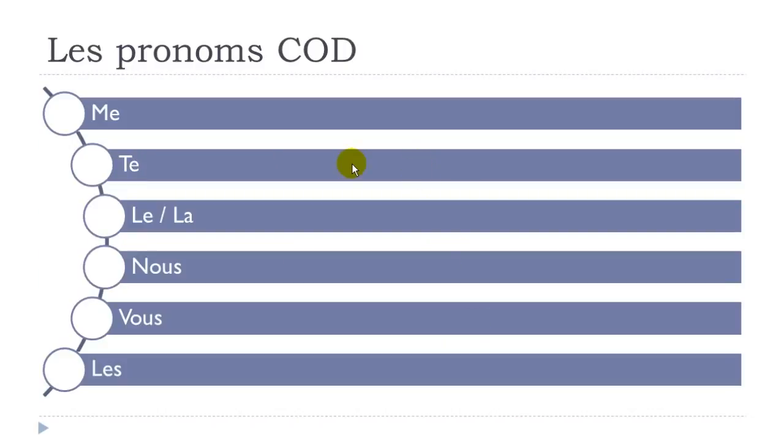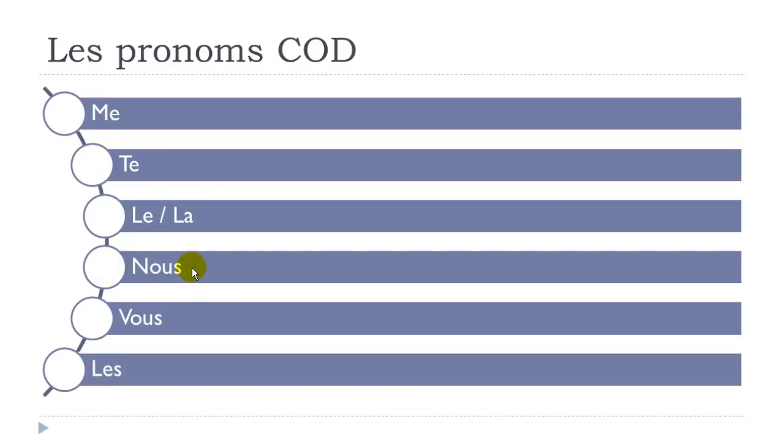So we'll see that les pronoms complément d'objet direct can replace all the persons. For the first person it will be me, second person it will be te, third person of the singular, the one we saw, le for the masculine form, and then la for the feminine form. First person of the plural, nous.